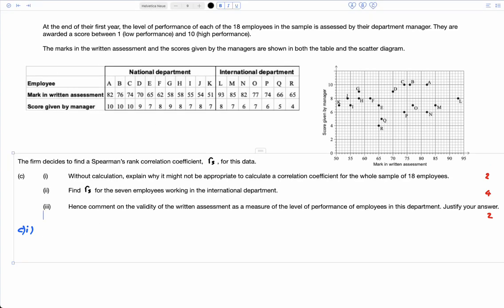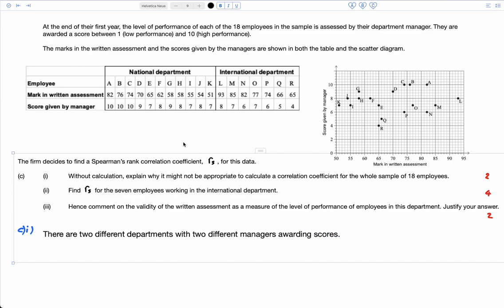So there are 2 different departments. Now, that's the first thing. And maybe you could put in at this point with 2 different managers awarding scores.